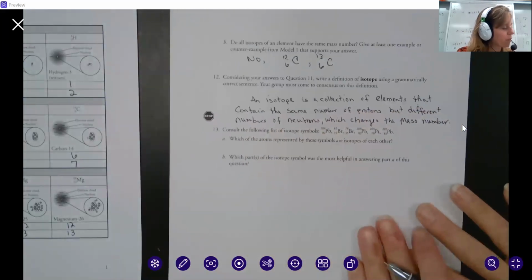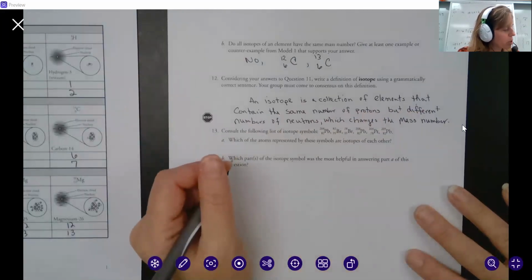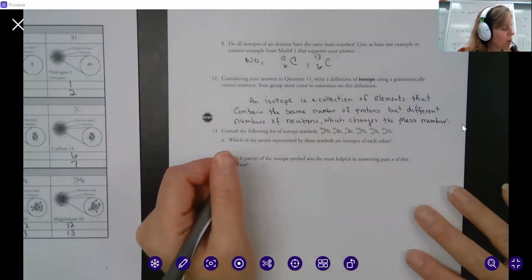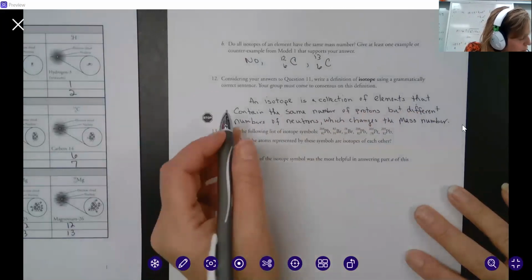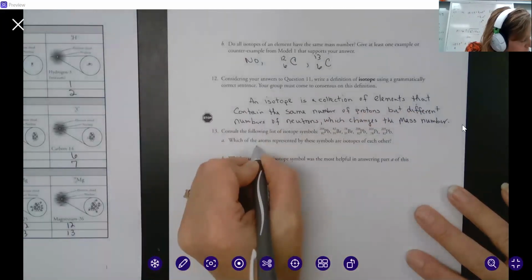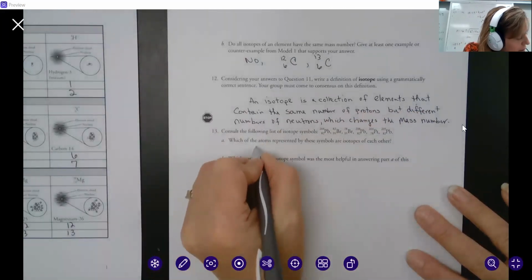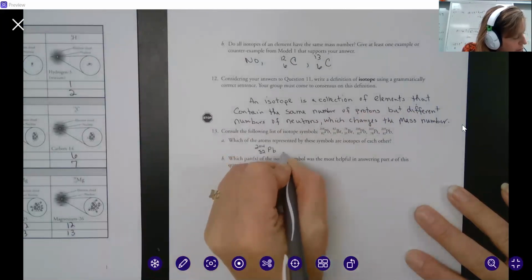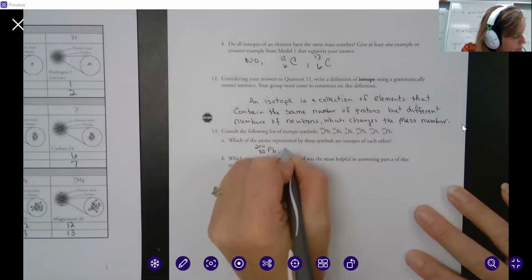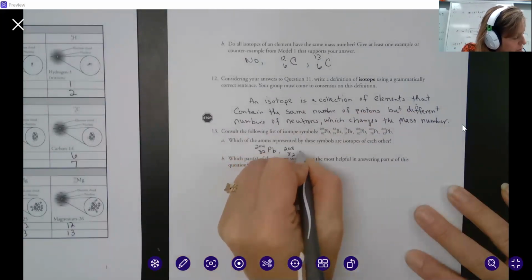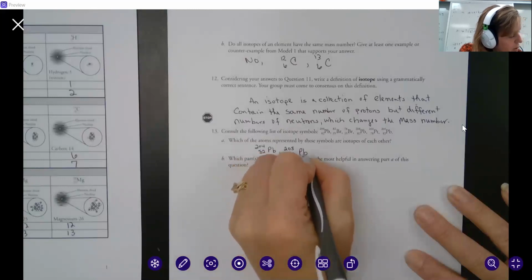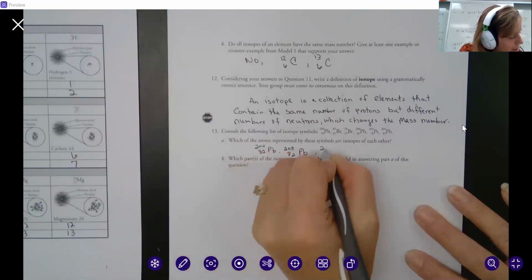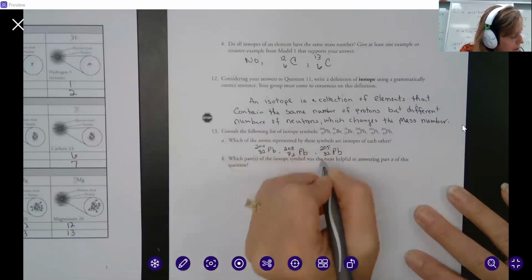Consult the following list of isotope symbols. Which atoms represented by these symbols are isotopes of each other? So we have Pb, 204 and 82. Those two are isotopes of each other, and we have 205 and 82.